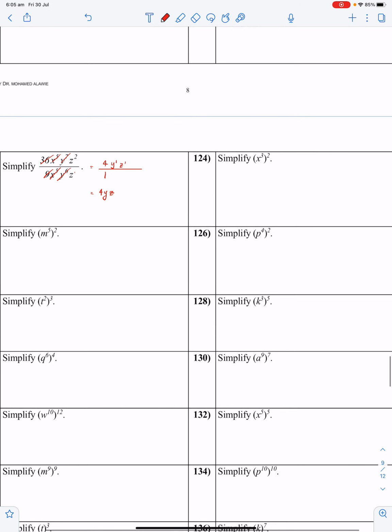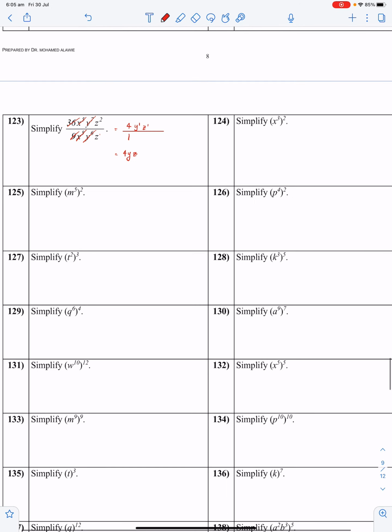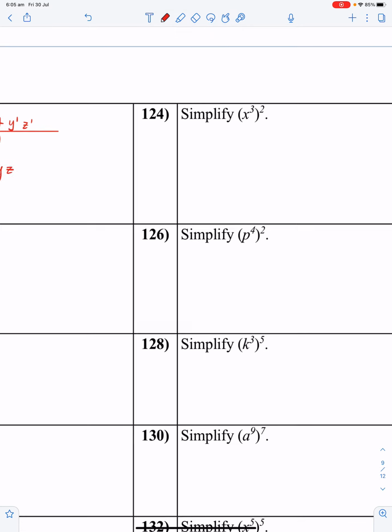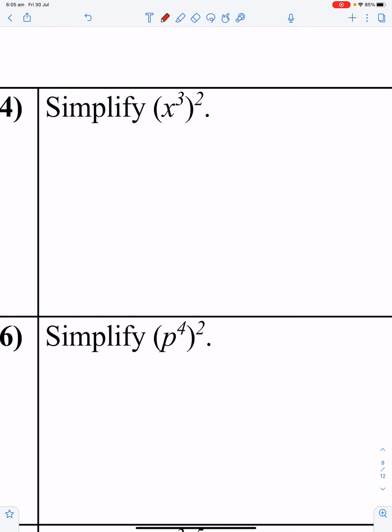Now, question 124 is not something that we have learnt in class, and that is one of the main reasons I'm actually doing this video, okay? This is actually a very simple law. Whenever you see a pronumeral with a power inside a bracket and then another power outside, all you simply do is you write down x, and now you multiply the 3 and the 2 together.